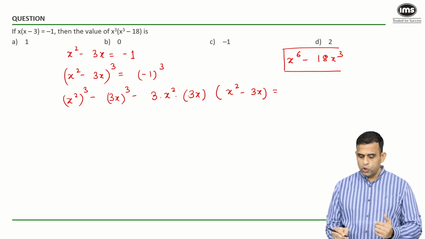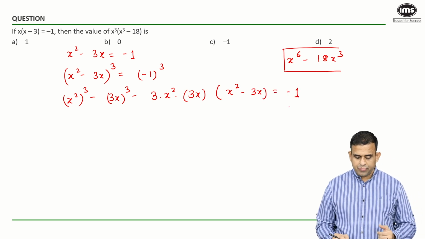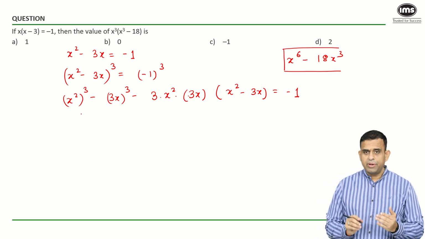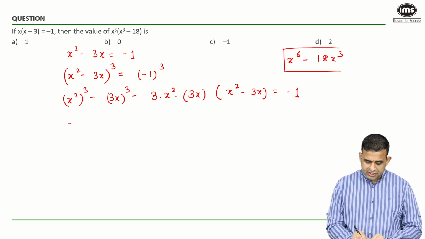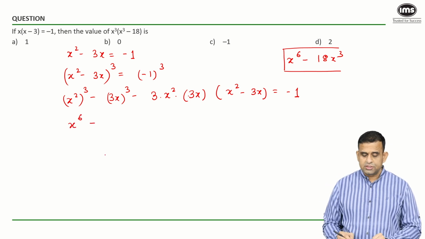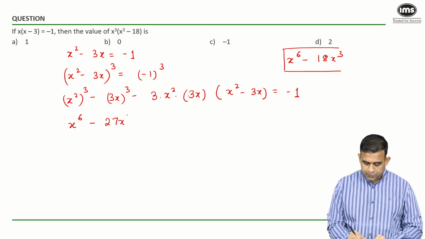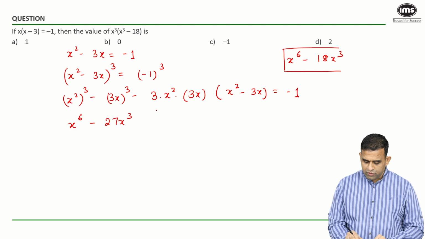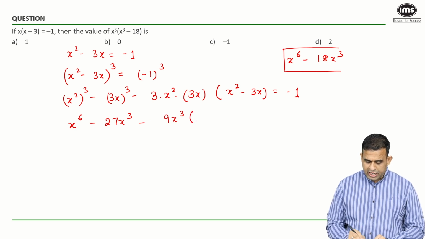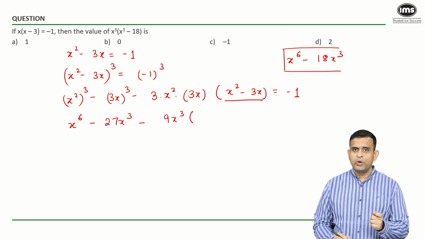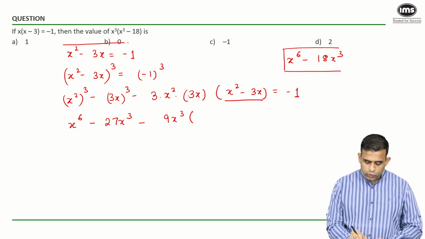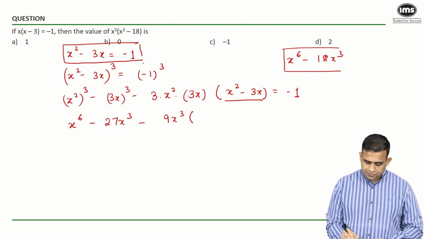And -1 whole cube is also equal to -1. Now if I pay attention, the term x square whole cube becomes x power 6, minus the term 3x whole cube will become 27x cube. This part right now will become nothing but minus 9x cube. And please pay attention, the value of the term x square minus 3x was known to us as -1.